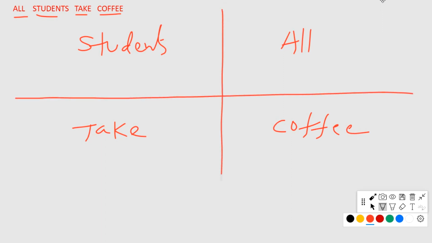To draw an xy plane, right? This is the first quadrant, this is the second quadrant, this is the third quadrant, and this is the fourth quadrant, right? All means all trigonometric ratios.